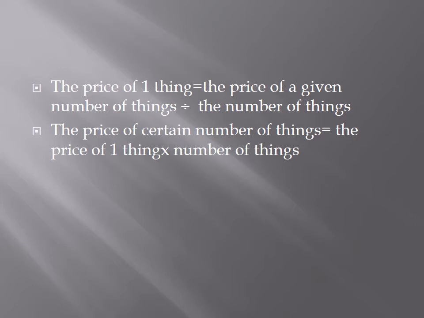The price of a certain number of things is equal to the price of one thing multiplied by the number of things. Okay? By following the rules, we can find out the price of one thing.